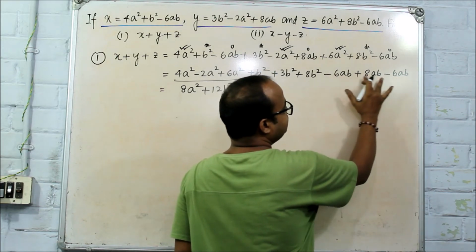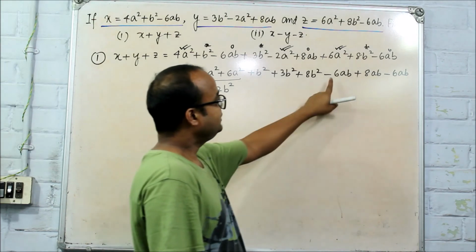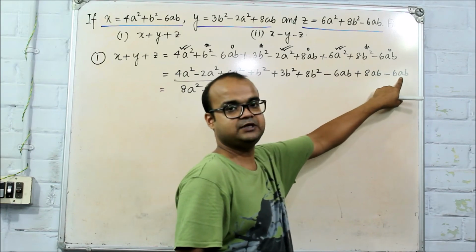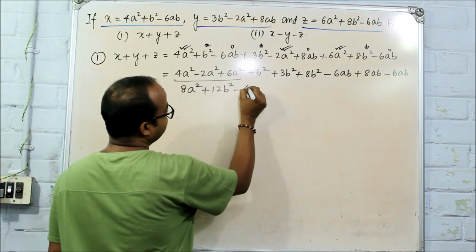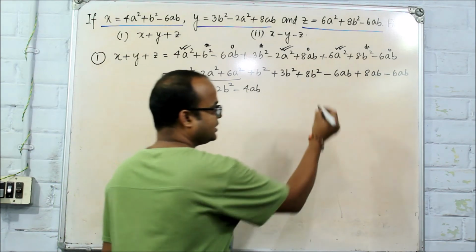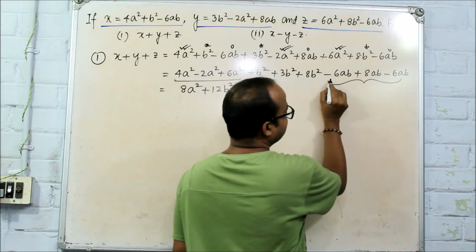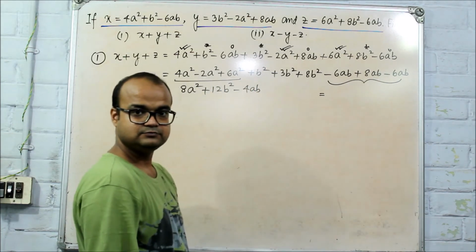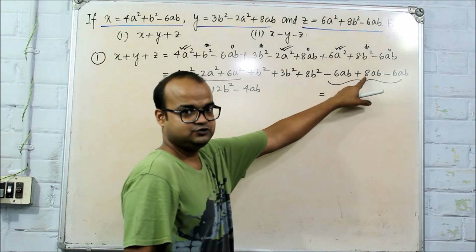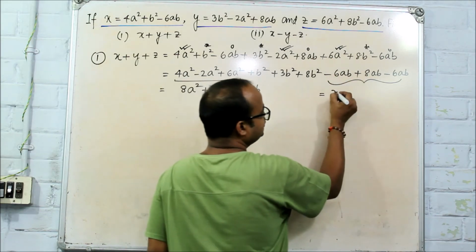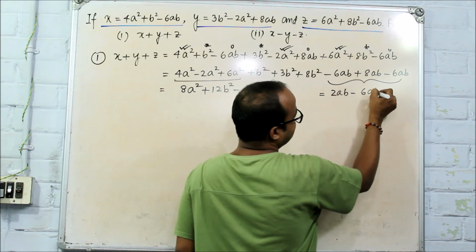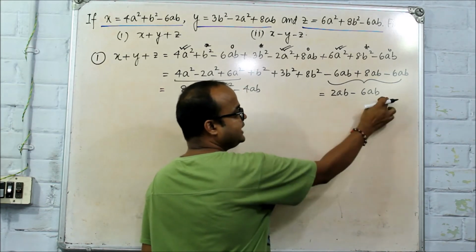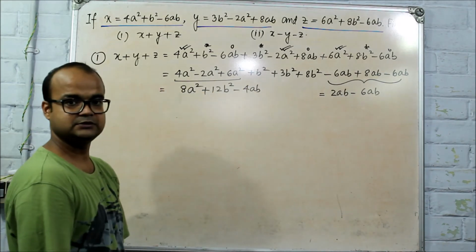So minus 6ab plus 8ab is equal to 2ab. 2ab minus 6ab is equal to minus 4ab. If you have doubt here: minus 6ab plus 8ab, 8 is bigger, opposite sign, so we subtract 8 minus 6, 2ab. Then 2ab minus 6ab, again opposite sign, so we subtract 6 minus 2 is equal to 4ab, and 6 is bigger, so the sign will be minus.